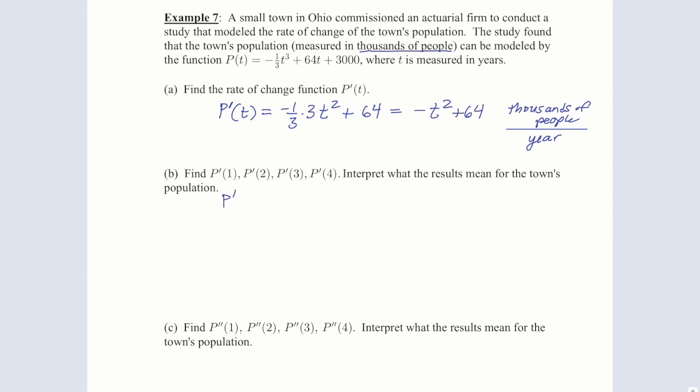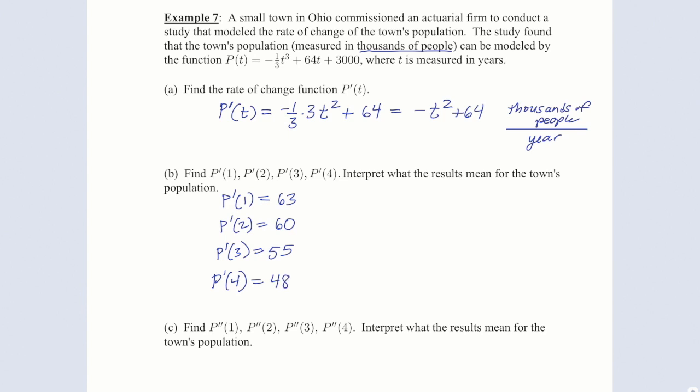So let's compute p prime of 1, 2, 3, and 4. P prime of 1 will have negative 1 plus 64, so 63. P prime of 2 will be negative 4 plus 64, so 60. P prime of 3 would be negative 9 plus 64, so 55. And then P prime of 4 would be negative 16 plus 64, so 48.